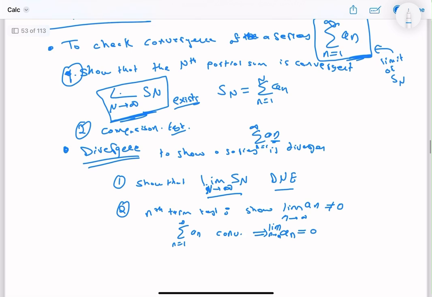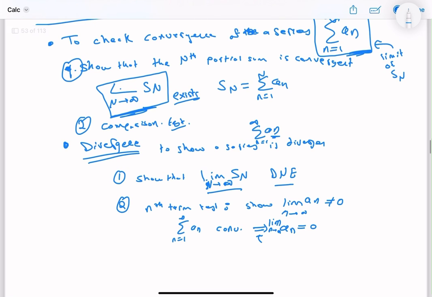And I stressed enough that this if-then statement goes in this direction: if it's convergent, then the limit must be 0. So we cannot use it to prove convergence of series.